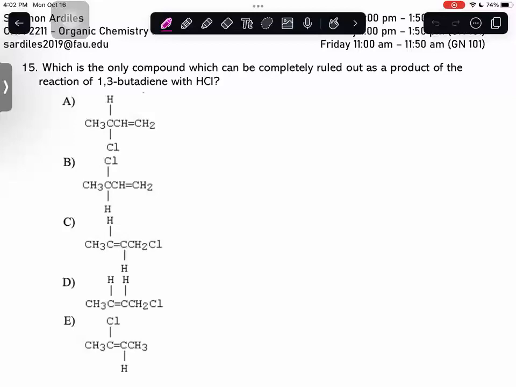And this could be the other product. The CL for that person here is not off the double.